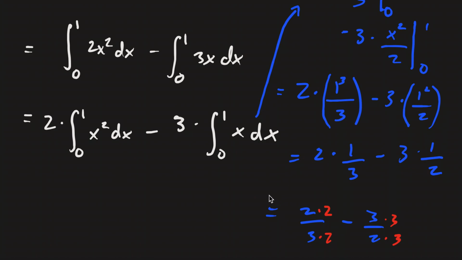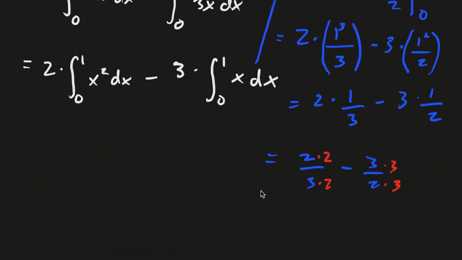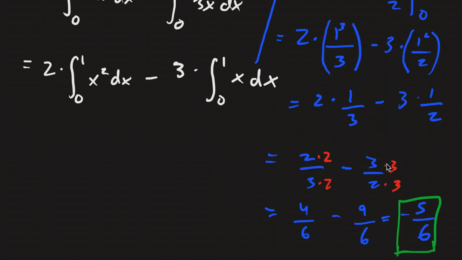So this is going to be equal to 4 over 6 minus 9 over 6. And this is equal to negative 5 over 6. And that is the evaluation of the definite integral problem we had in the beginning.